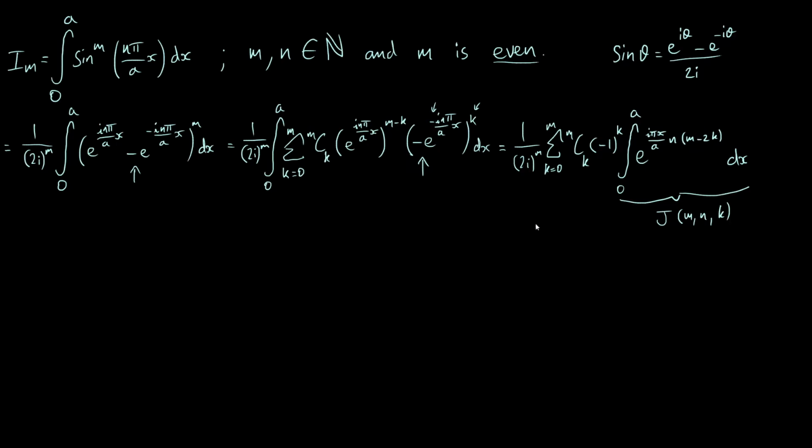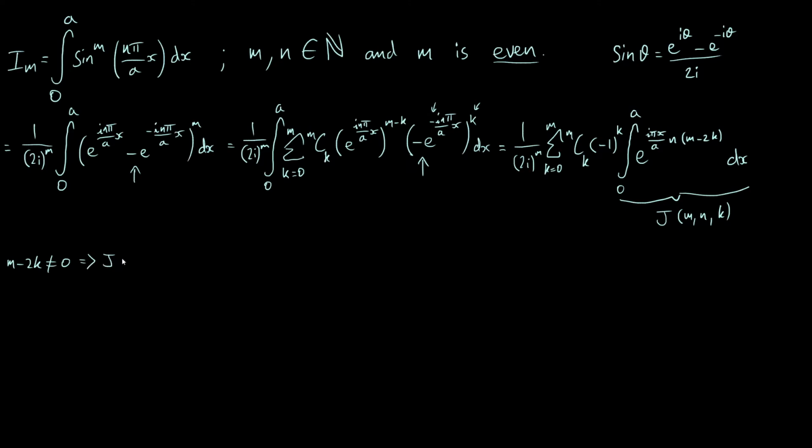Okay, so let's have a look at what J actually evaluates to, and we're going to consider 2 possible cases. The first possible case is when m minus 2k is non-zero. Okay, so if m minus 2k is not 0, what is J going to be equal to?